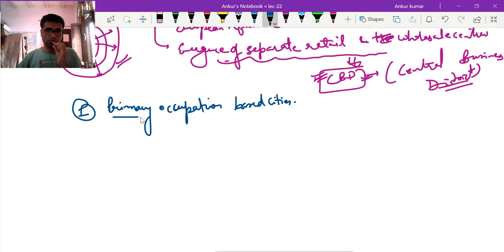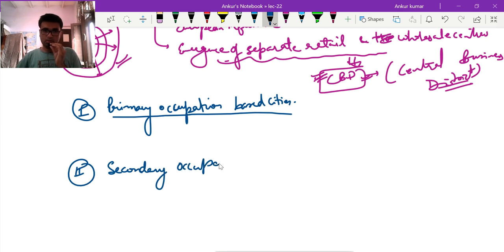Second is the secondary occupation based cities. And the third one is the tertiary occupation based cities.